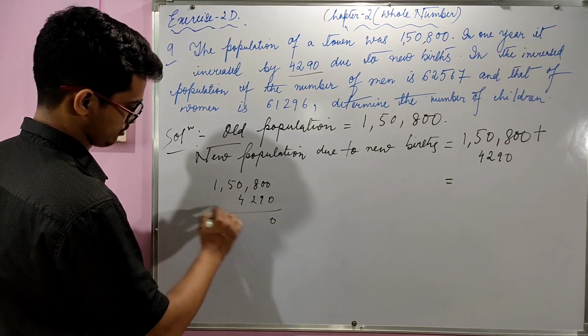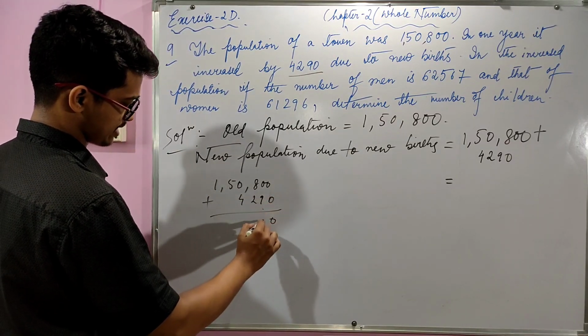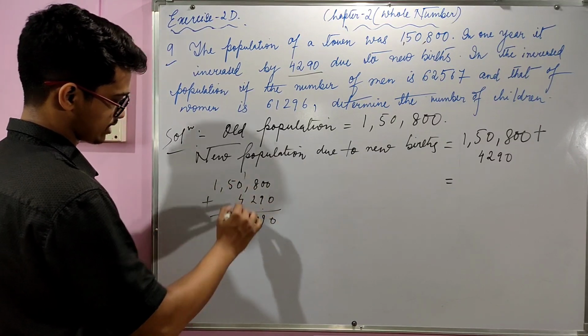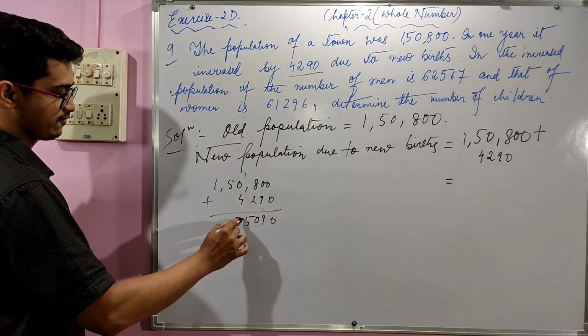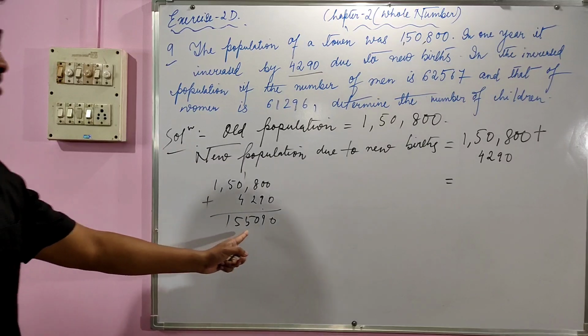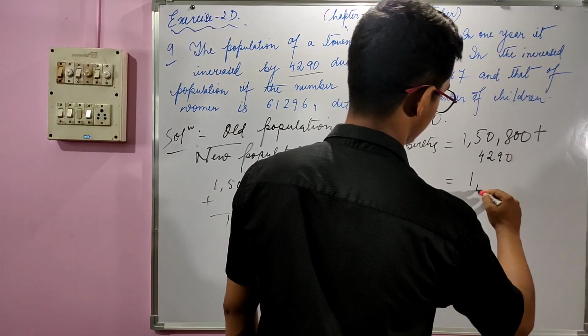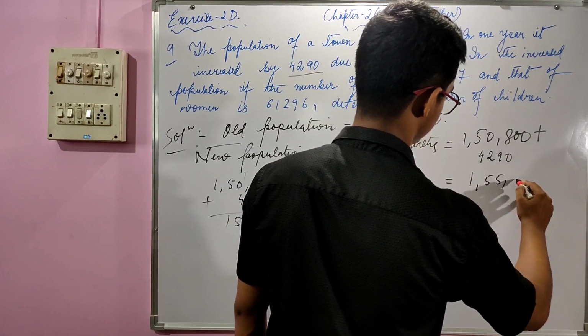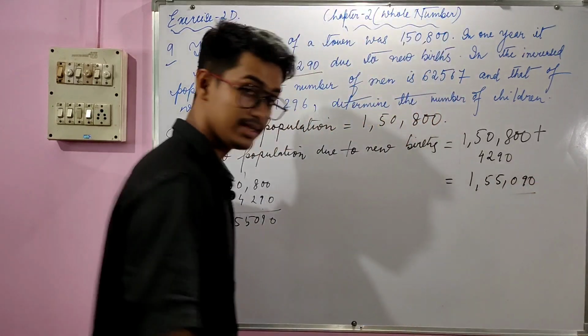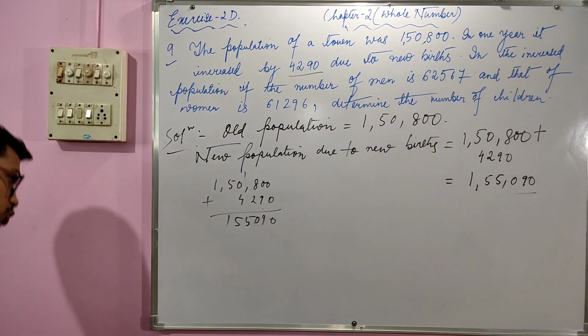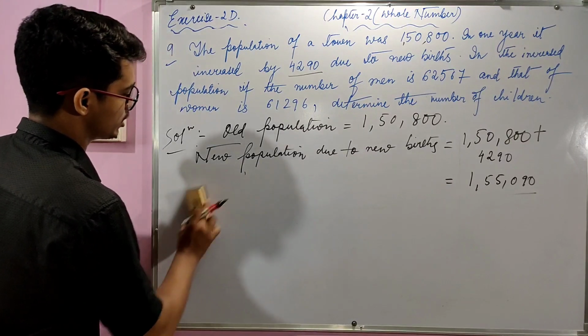So 0 plus 0 is 0, 0 plus 9 is 9, 8 plus 2 is 10, 1 carry, 5, then 5, then 1. So 1,55,090. This is the new population.